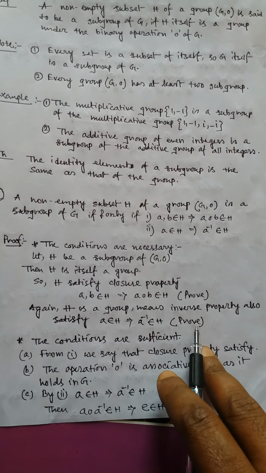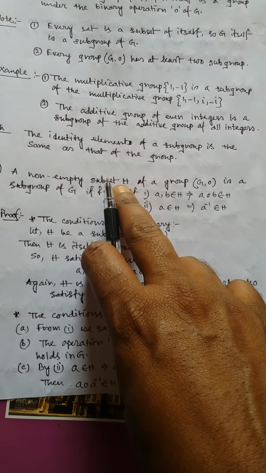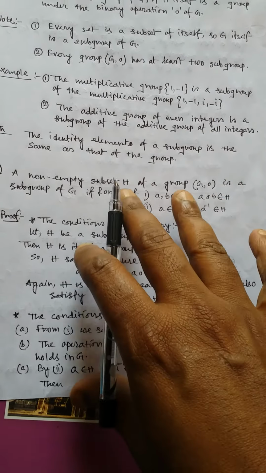Now we have to prove the condition is sufficient, meaning these two statements are true, and using that we have to prove H is a subgroup. Subgroup means you have to prove that this is a group. Clear? Group means the four properties must be satisfied.